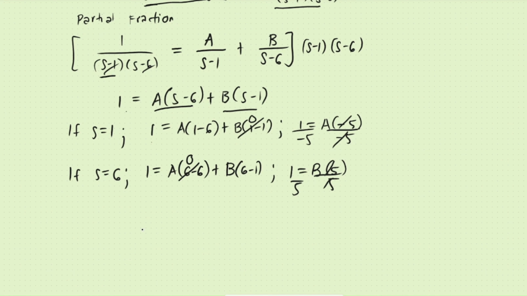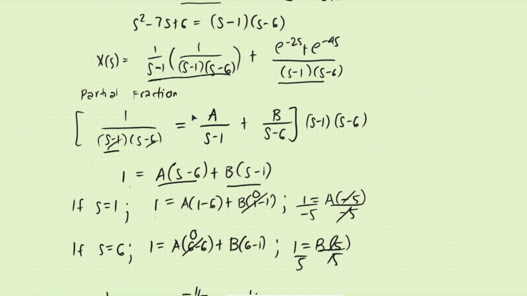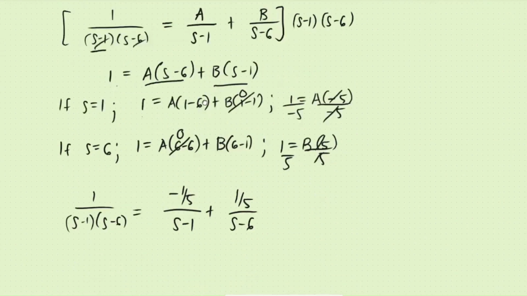So B now is 1/5. So we have a partial fraction decomposition of this function: A is negative 1/5 over s minus 1, and B is 1/5 over s minus 6. So remember this. Let's take the partial fraction decomposition of this one here. Let's write that down. And there is an extra s minus 1.